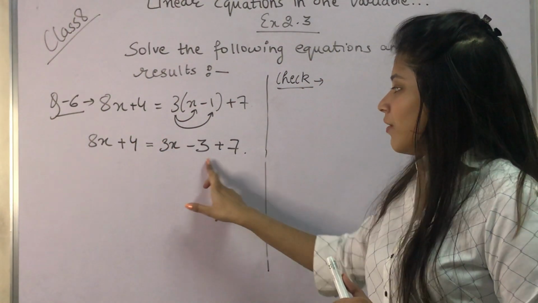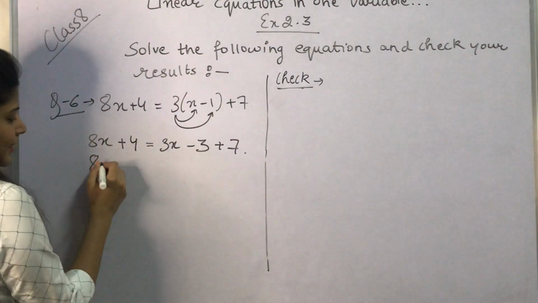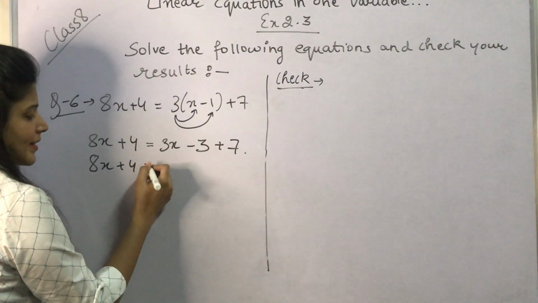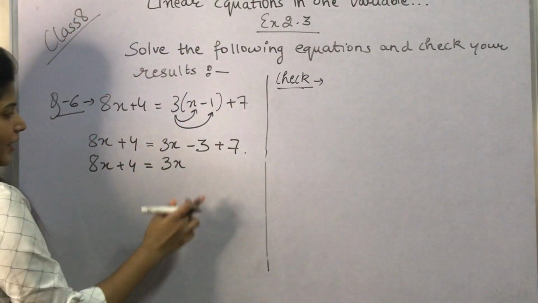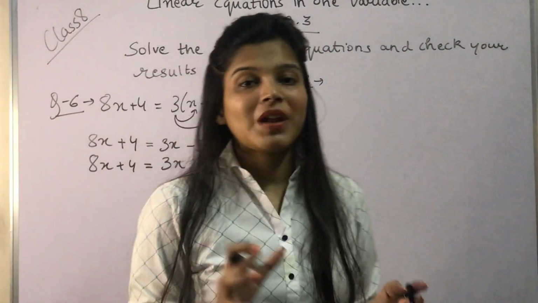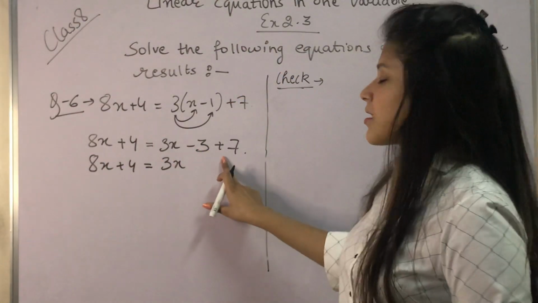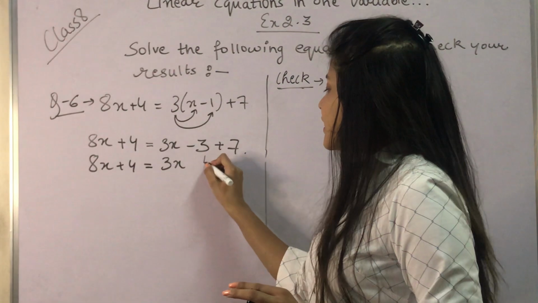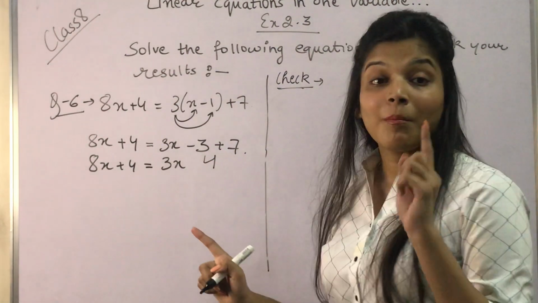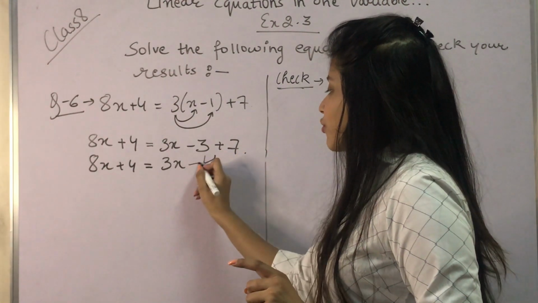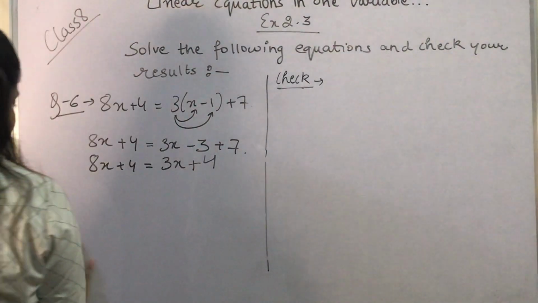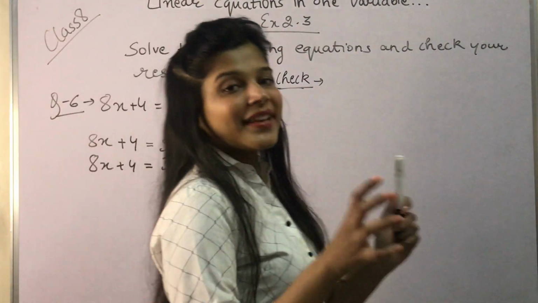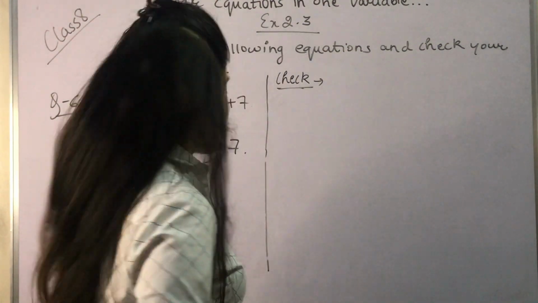Now we can solve both these terms because both are constant terms. So 8x as it is plus 4 as it is equal to as it is 3x as it is and minus 3 plus 7. So 7 minus 3 is 4 and the sign of the bigger digit is that of 7, so positive sign. Okay, now we got this equation and now we can transpose the variable terms and constant terms.